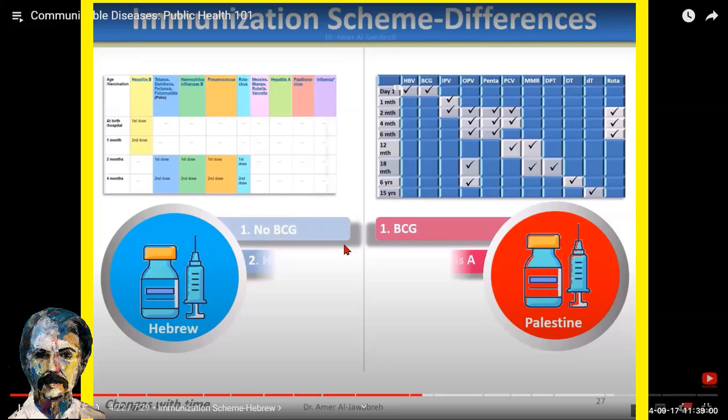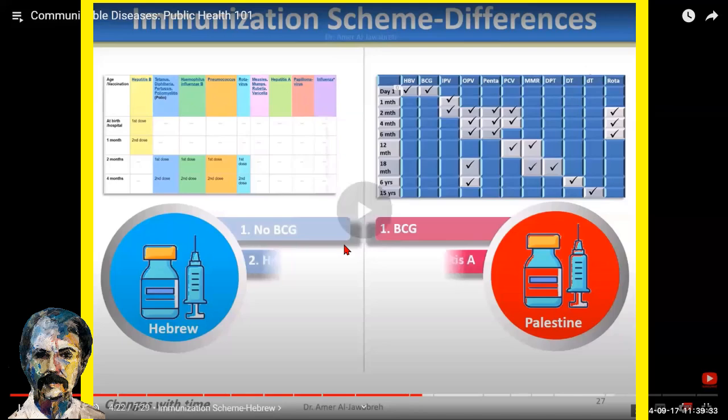No cases, 0 cases. Eradication means 0 cases. Only 2 virus stocks exist, at CDC Atlanta in the USA and in Moscow, Russian Federation, in highly protected government labs, not private labs. So our generation, I had the smallpox vaccine when I was born, but not you. BCG, those of you who are Palestinians, you have it. Israelis, they don't have it.